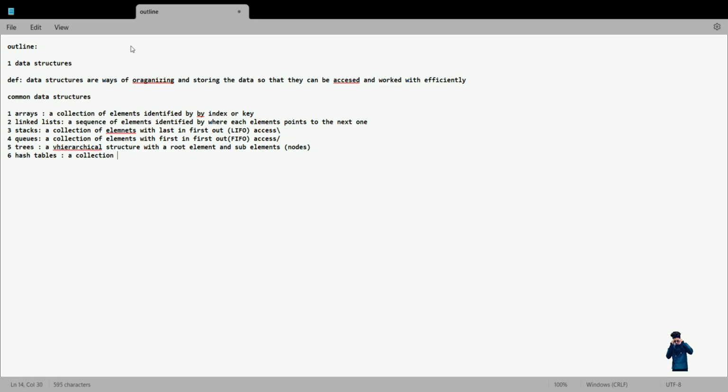A collection of key value pairs with efficient lookup. So this is the sixth one in computer science in the outline. After the completion of this, we want to move on.